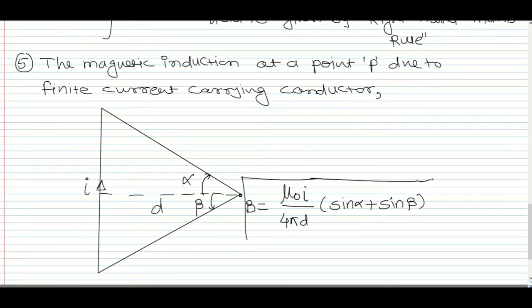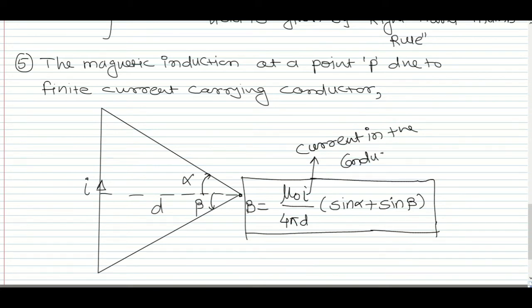All the terms are very very important. What is I? I is the current in the conductor. What is d? Perpendicular distance from the conductor.